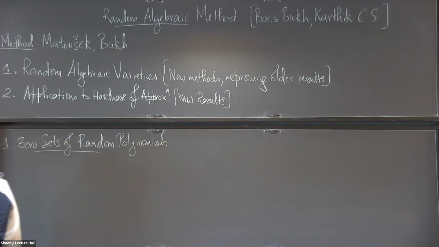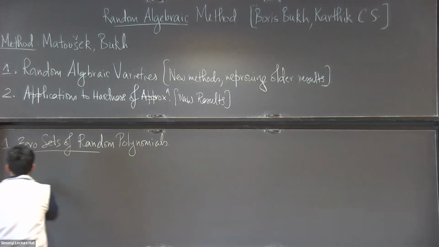Okay, so I'll start with almost a ridiculous toy question. Suppose I pick a polynomial in one variable with degree d, but I pick it uniformly at random. What can I say about the distribution of its roots?